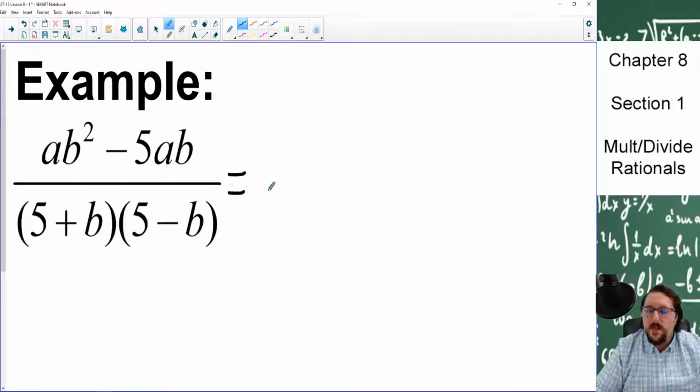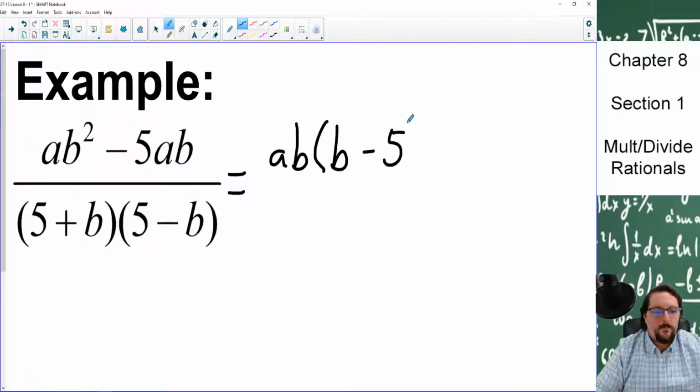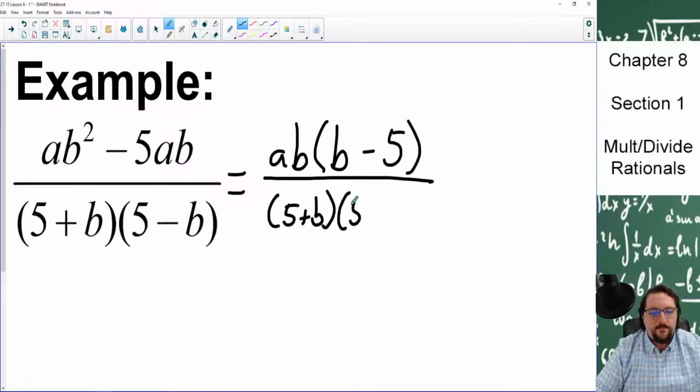So if I look at the top, it looks like I can take both an A and a B out of both of those, leaving me with just a single B on the inside, minus just a 5. On the bottom, of course, it won't change. I'll add my 2 negatives into the bottom so that I can make these guys cancel.